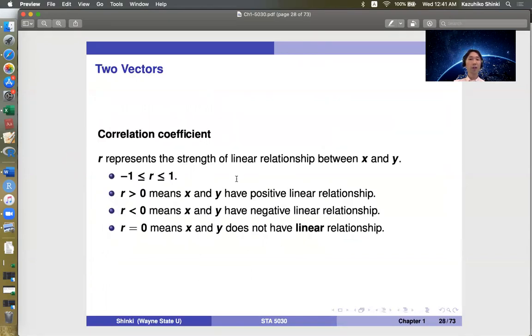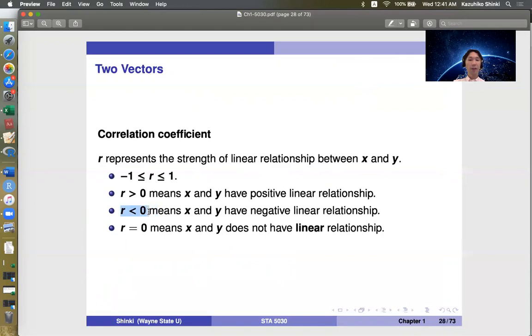The correlation coefficient has this property. The sample correlation coefficient is always between -1 and 1. If the correlation coefficient is positive, we have a positive linear relationship. That means if x is larger, y tends to be larger. It's not a perfectly clear relationship, but if x is higher, we expect y to be somewhat high.